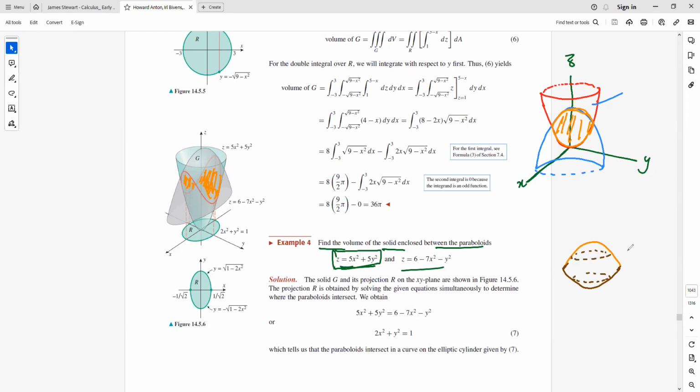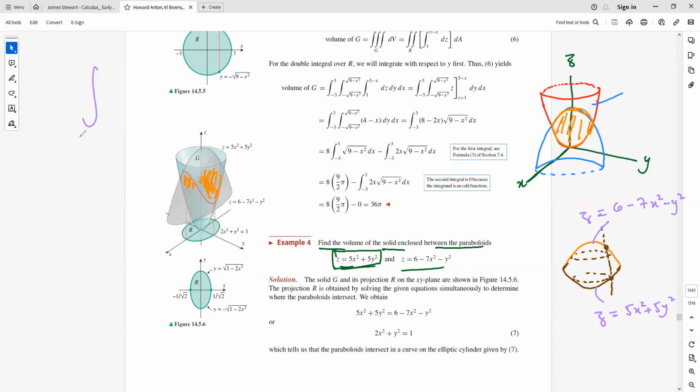Okay, so now what we need to do is find the limits, right? To find the limit in the z direction, first we need to cut it with a line parallel to the z-axis. The topmost part and the bottommost part are what we consider for the limits. The topmost part is the equation of this paraboloid, z equals 6 minus 7x squared minus y squared, and the bottommost is z equals 5x squared plus 5y squared.